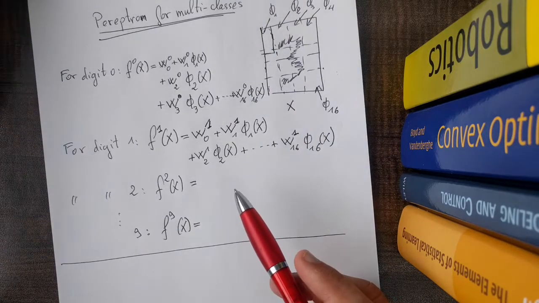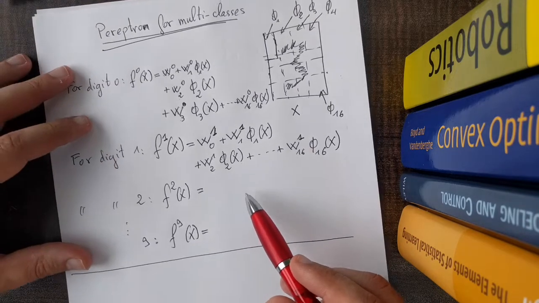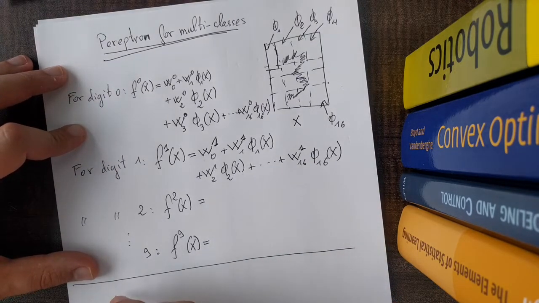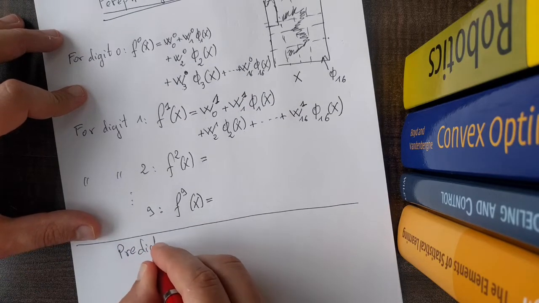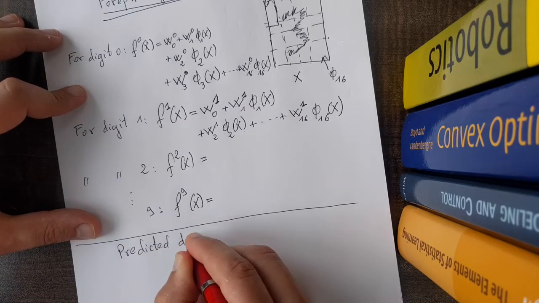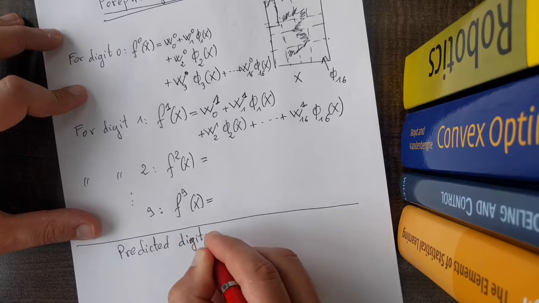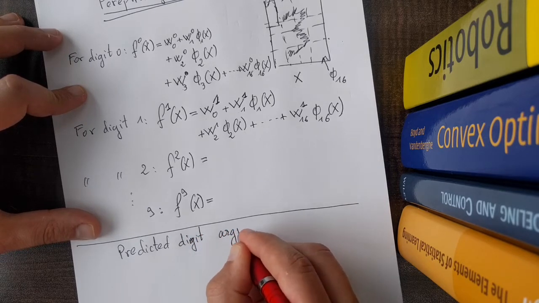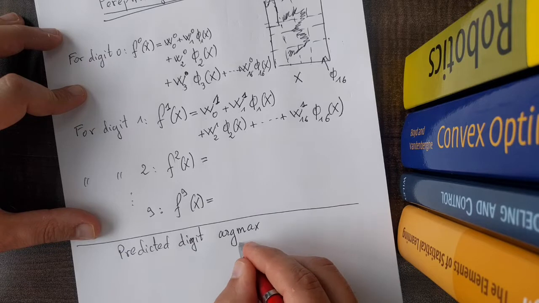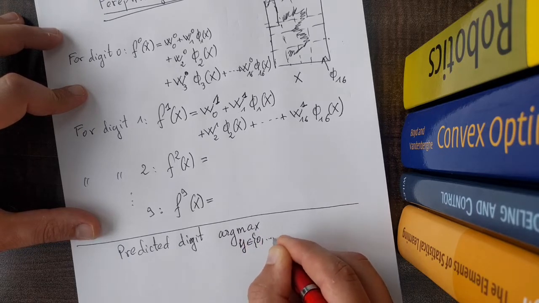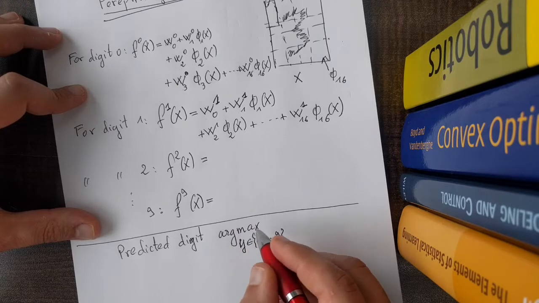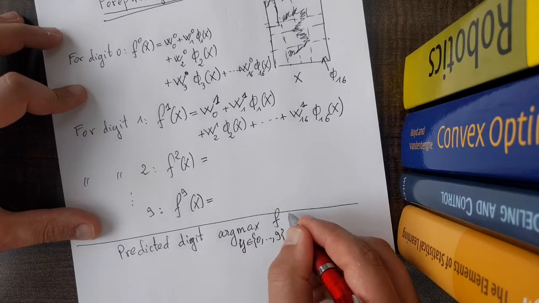So the question now is, how do you make your prediction? The predicted label, or predicted digit, is the one that maximizes, so among all the digits, let's call them y, in 0 until 9, it's the one that has the highest activation.